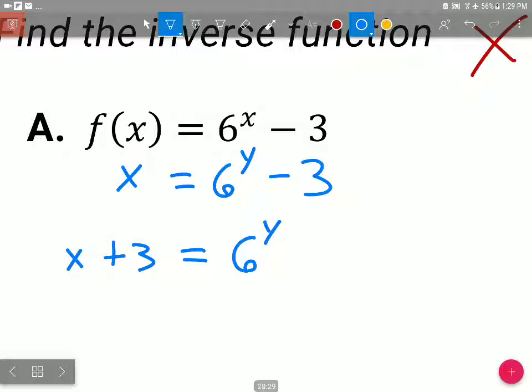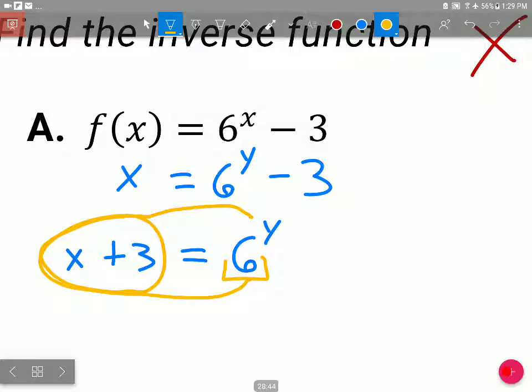So we'll start with the base. What's the base? 6. 6 is what has the exponent. So 6 is your base. Go across the equal sign, grab the entire argument, and then come back to the exponent.